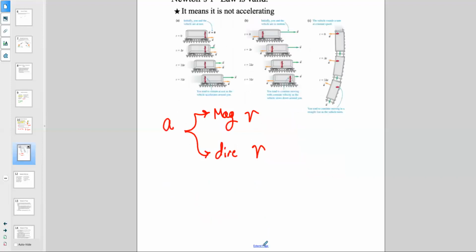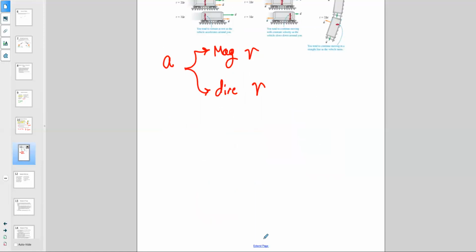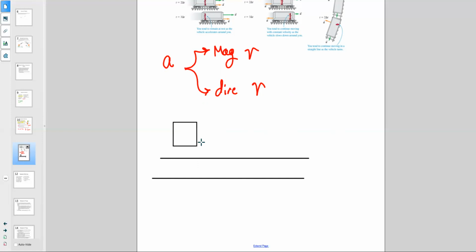Or in other words, let me give you another very cool example. Let's say that we have a train, and let's say that this is our train. These are the wheels.